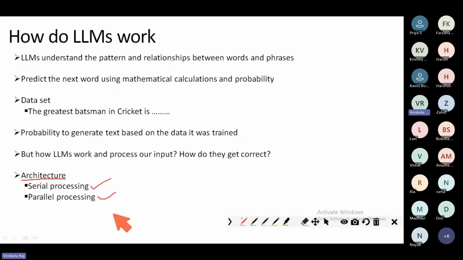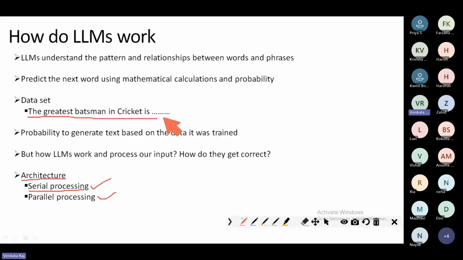Two types of architecture: serial processing and parallel processing. When the concept of LLM or generative AI was initially coming up, the architecture was primarily based on serial processing. Let's say this is one text which I'm providing.